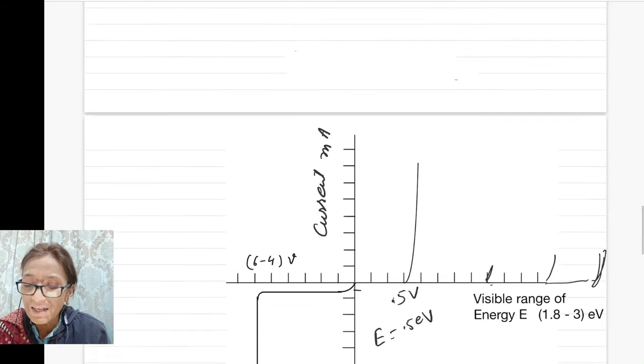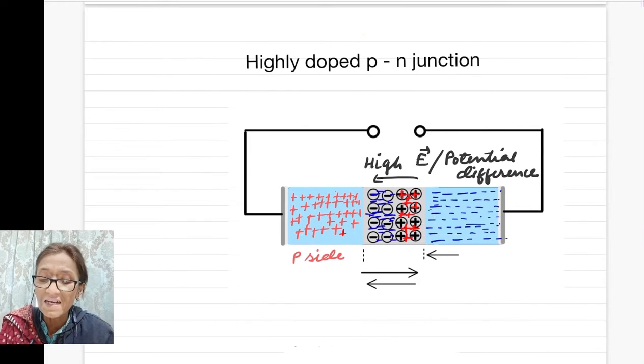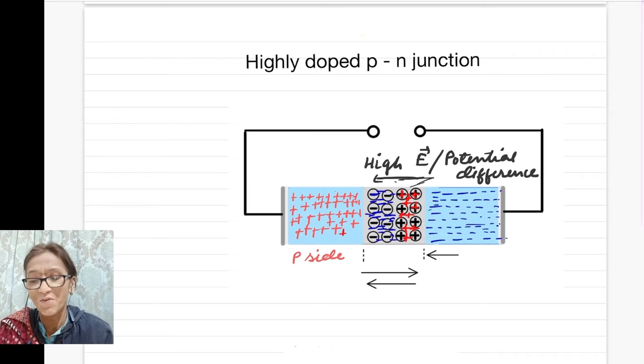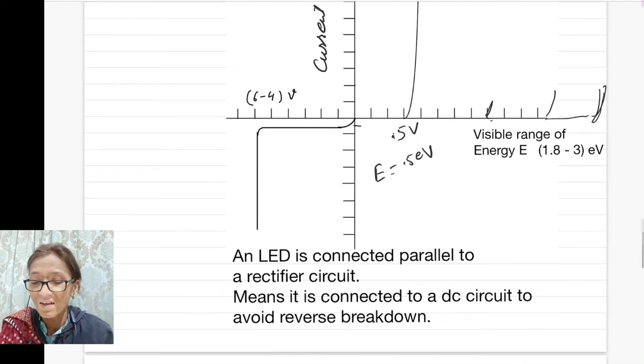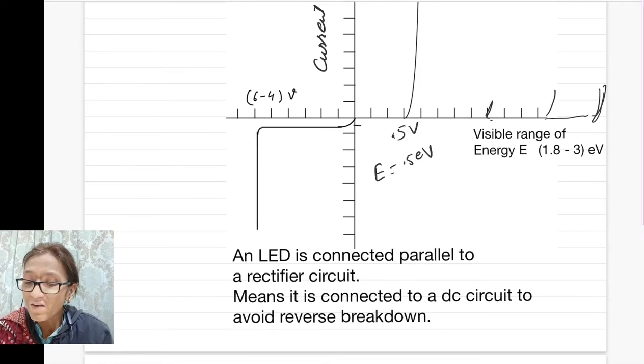So when the built-in potential is very high, you apply a high potential difference to counter this high inbuilt potential difference. How much potential difference? 1.8 to 3 volt. And so the energy will be equal to, here what is the potential difference? 1.8 volt.